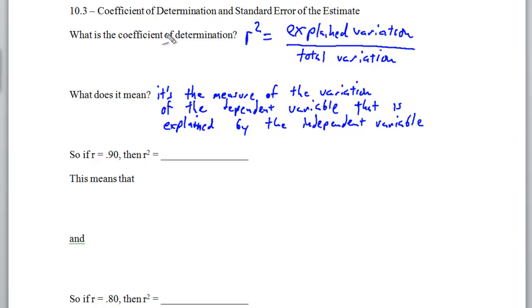The coefficient of determination is the measure of the variation of the dependent variable that's explained by the independent variable.